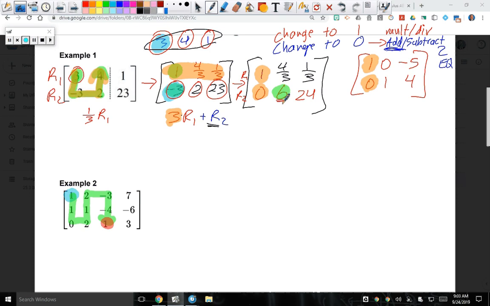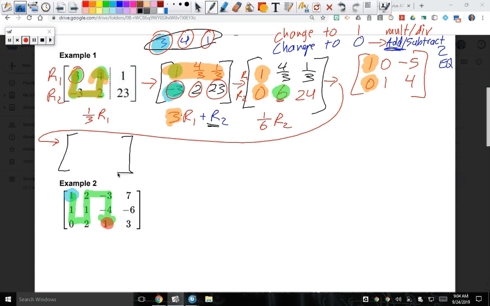Multiply by 1/6. Okay, here we go. I'm going to do 1/6 of row 2. And again, in red are the changes that I'm showing you that are occurring. So this will become, I'm going to put an arrow, and then let's start it over here. This will become the following.